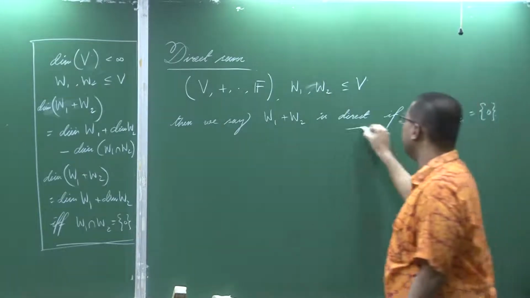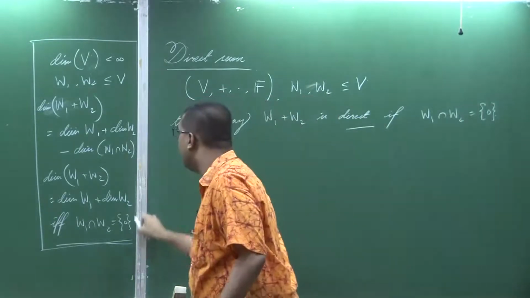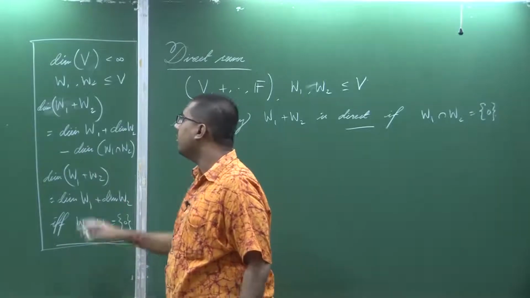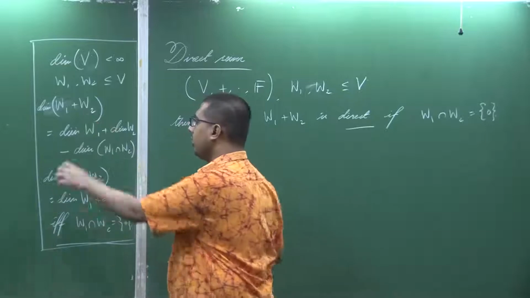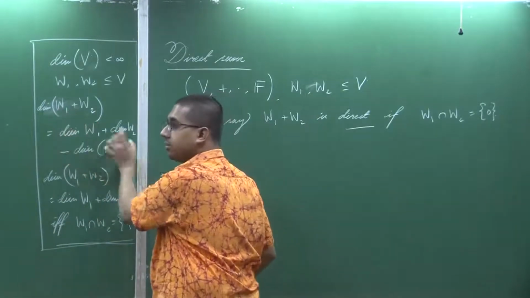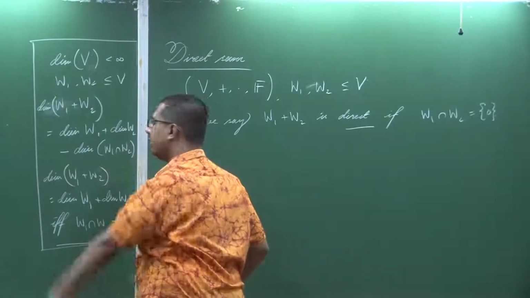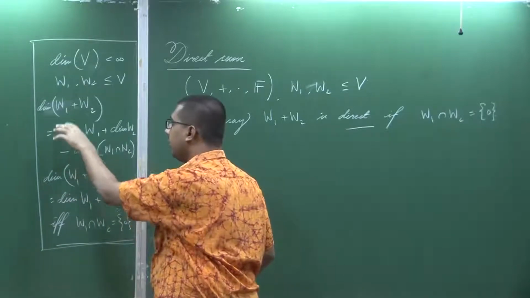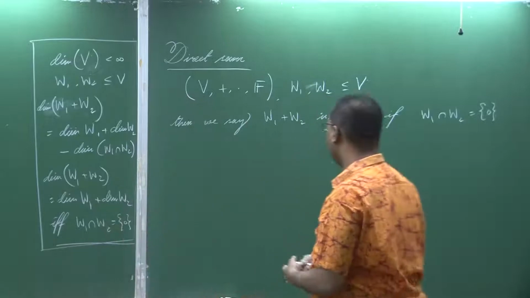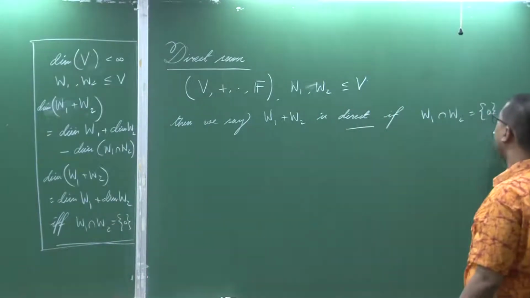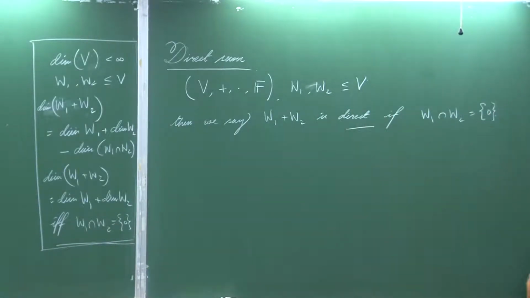So, with this terminology you see the dimension formula that we have already proved. The dimension of the sum is the same as the sum of the dimensions in the finite dimensional setup. So, dimension of the sum will be the sum of the dimensions if and only if the sum is direct. We say the sum is direct if the intersection is trivial.